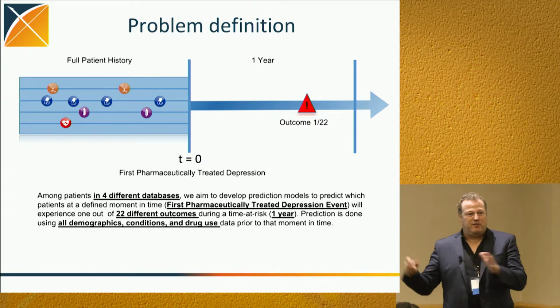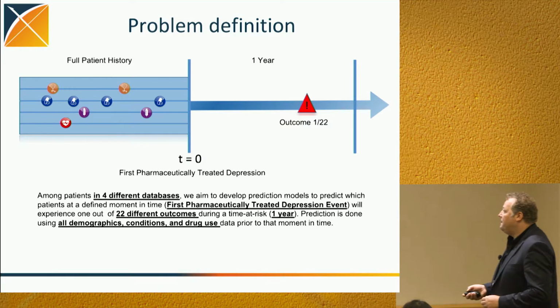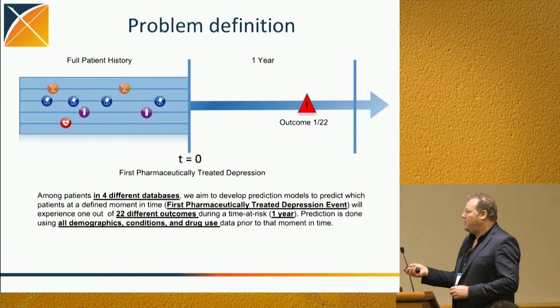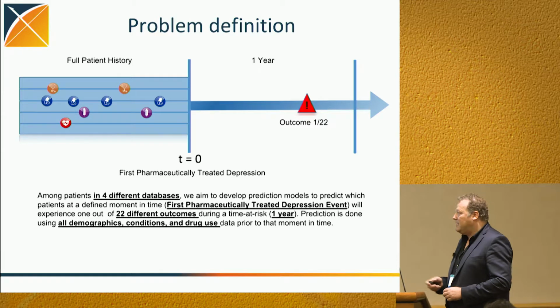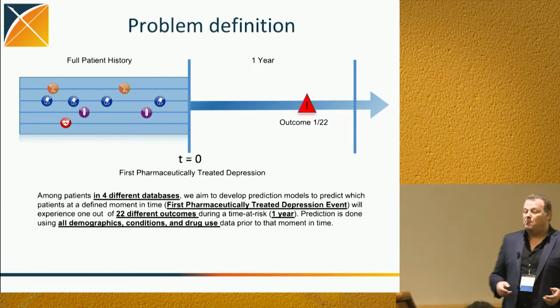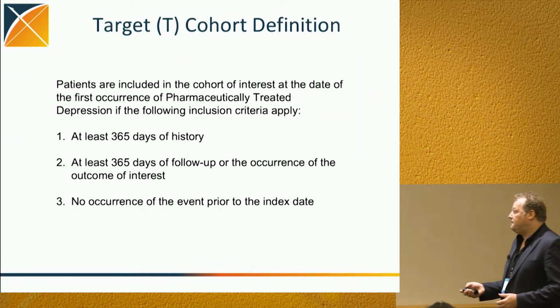So we built 22 different prediction models in this problem space. The time at risk is 1 year, and we want to predict using all demographic data, all conditions, and all drug eras prior to that moment in time.